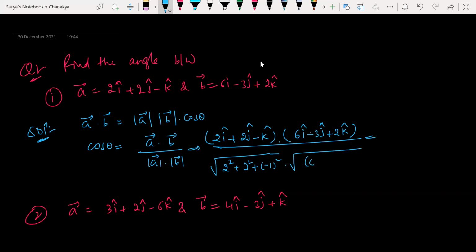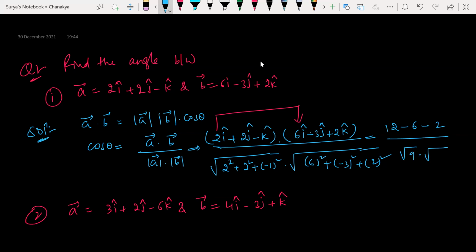Magnitude of B is what? 6 square plus 2 square. Okay, so multiply the coefficients. 2 into 6, 12, minus 6, minus 2, isn't it? Upon 4, 4, 8, 9.